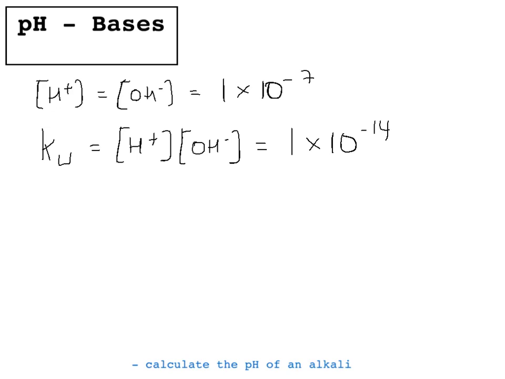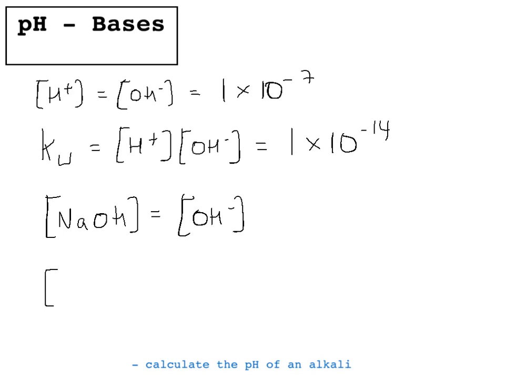So to calculate the pH of an alkali, what we're given is basically the concentration of OH minus in an alkali. So if we're given the concentration of NaOH, that's going to equal the concentration of OH minus ions. So what we do is basically rearrange this equation to get H plus by itself, because remember that's always what we're trying to strive for when we're calculating a pH.